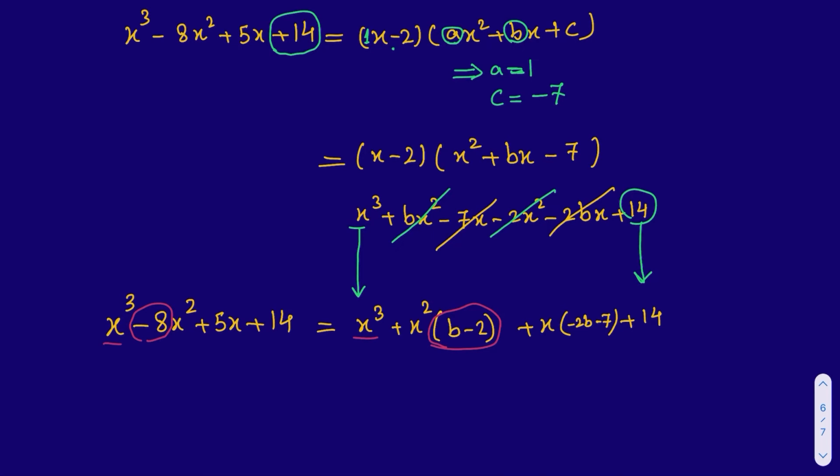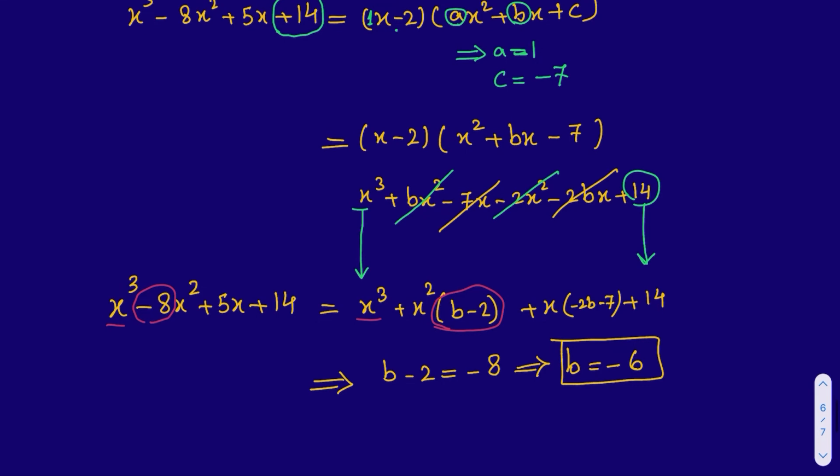Therefore, we can conclude that b minus 2 must be equal to minus 8. And therefore, that means b must be equal to minus 6. So we have also found b.